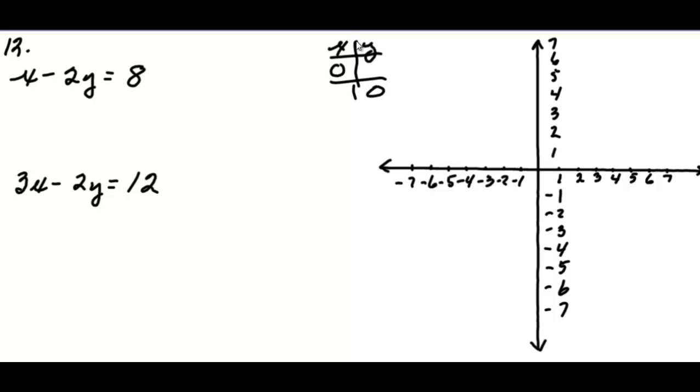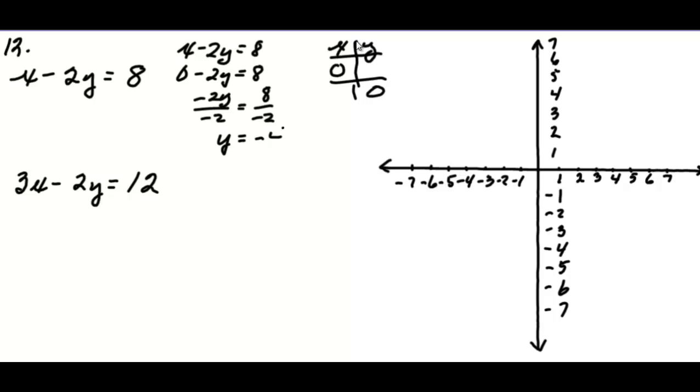With x minus 2y equals 8, 0 minus 2y equals 8, minus 2y over minus 2 equals 8 over minus 2, and therefore y is equal to negative 4.